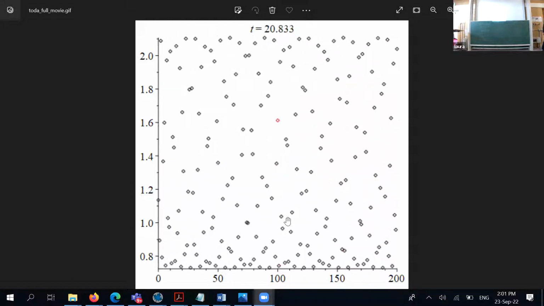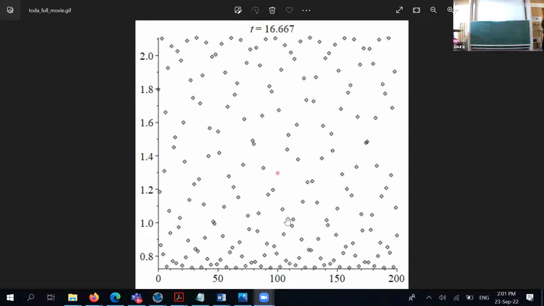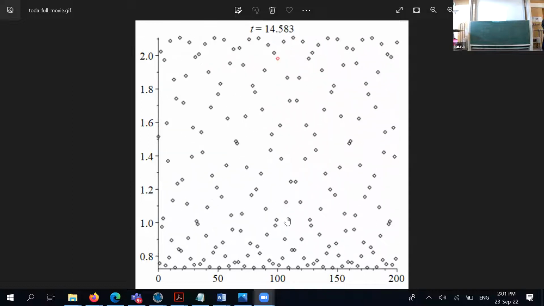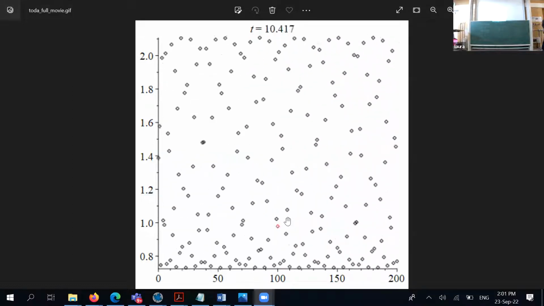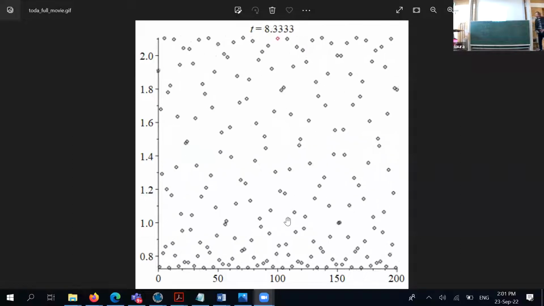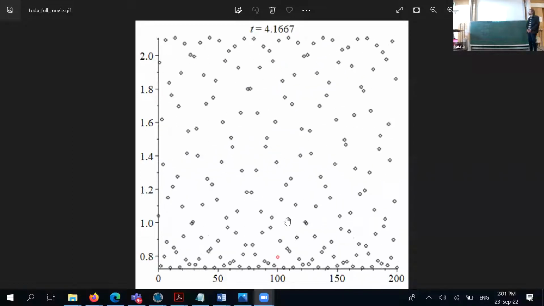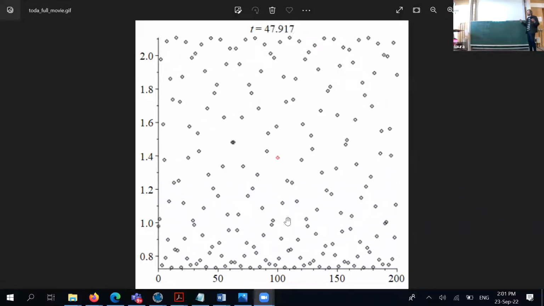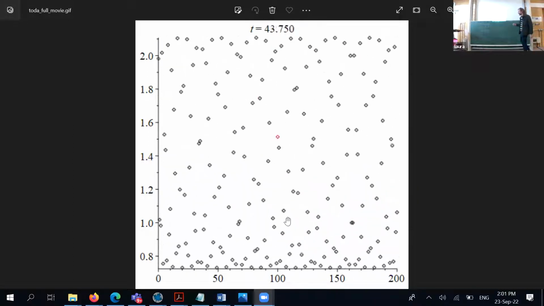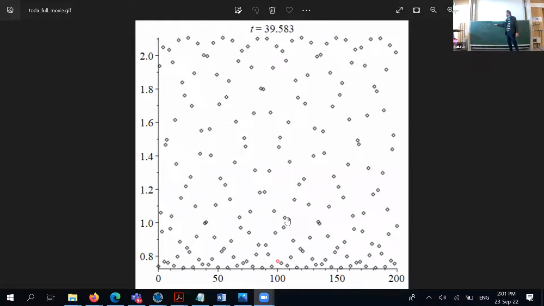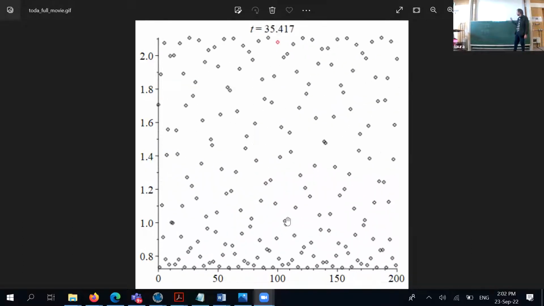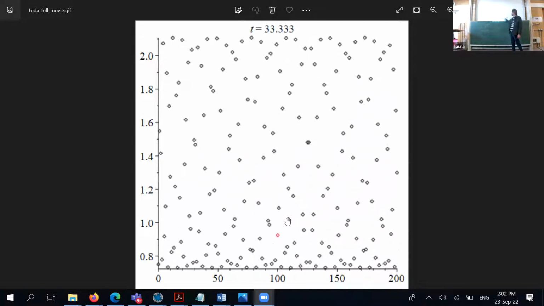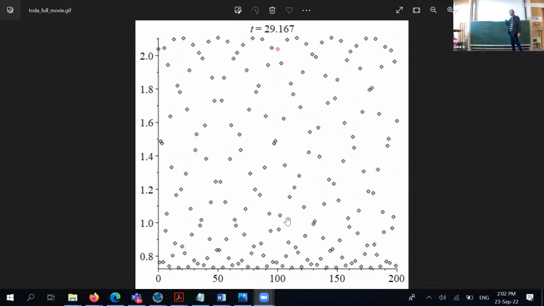I'm from the University of Kent, and I'm going to talk about continued fractions, hyperelliptic curves, and orthogonal polynomials. The little movie that I'm showing at the moment is an animation of a solution of the infinite Toda lattice. In these Flaschke variables, Vn and Dn, what I've plotted is just Dn as a function of t on 200 lattice sites.